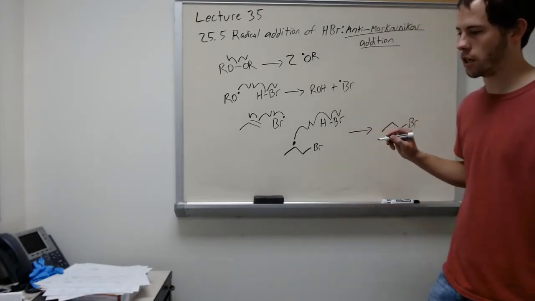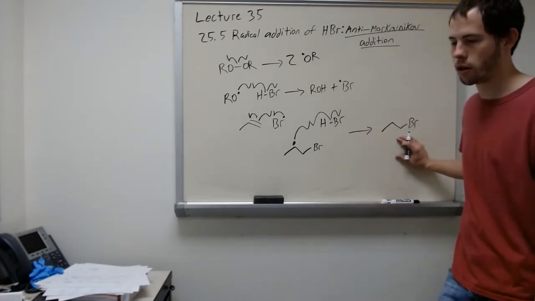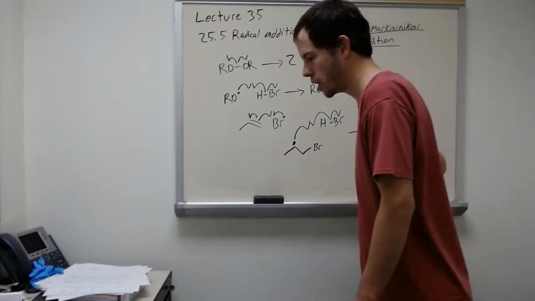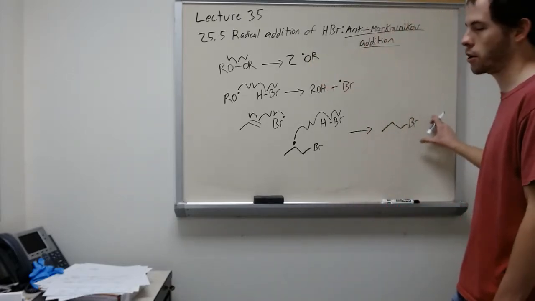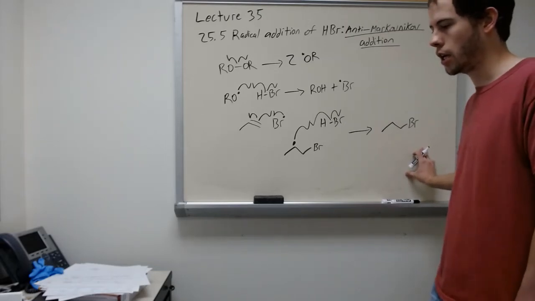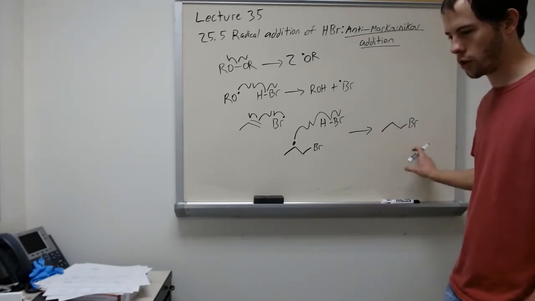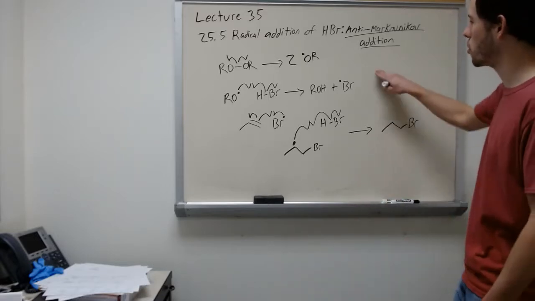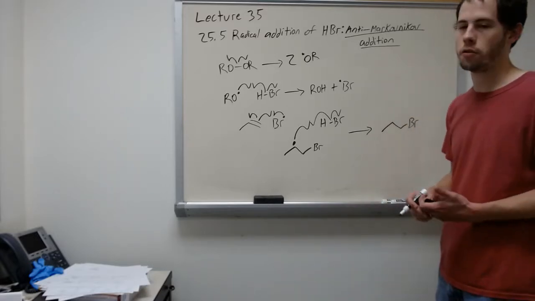And so this gets us to our anti-Markovnikov product. And it's these two steps here that we call the propagation steps, which I talked about earlier in this chapter. And remember, the propagation steps make up the overall reaction.